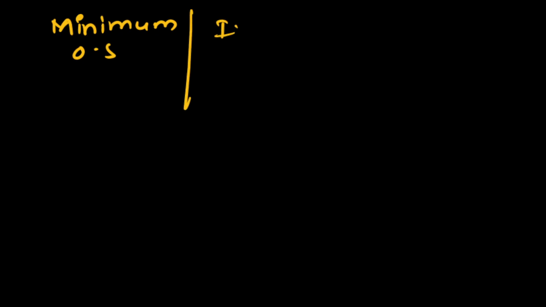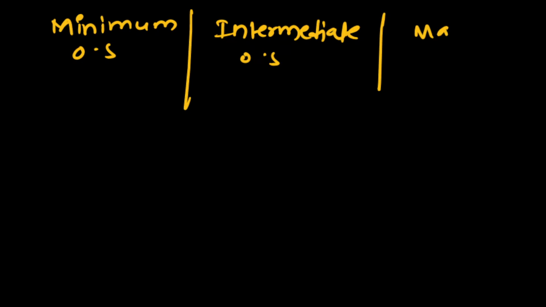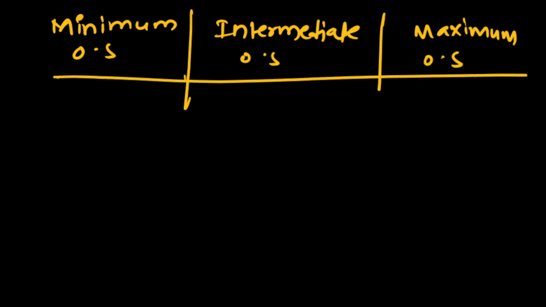Next, intermediate oxidation state. Next, maximum oxidation state. Based on this, we can identify which one is an oxidizing agent, which one is a reducing agent, and which one will act as both.